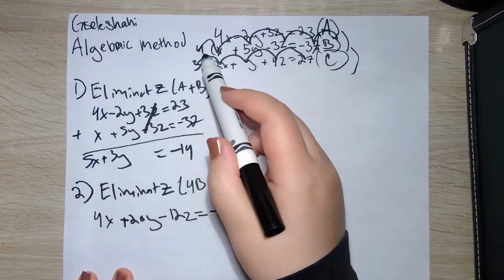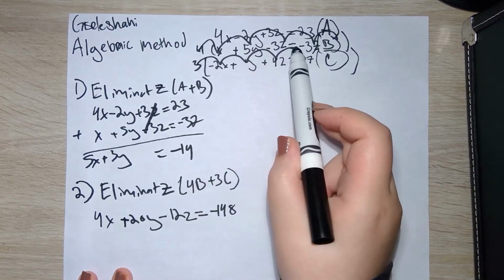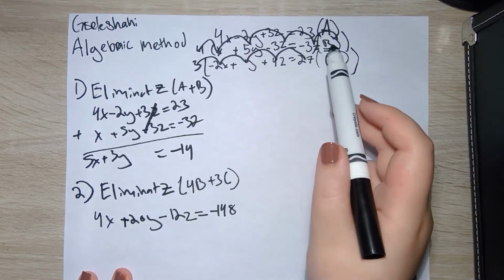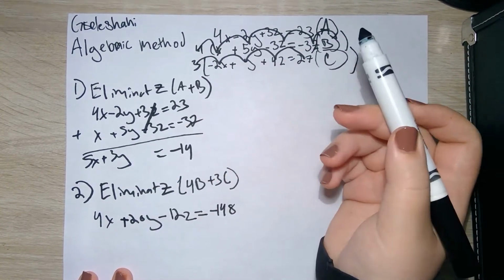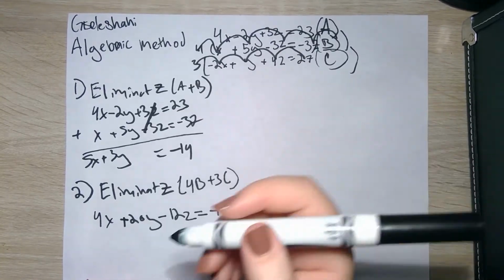And don't forget, you want to multiply the 4 against every single number, including the number on the right side of the equal sign. Then do that again with the 3 times 2, 3 times y, and so on.